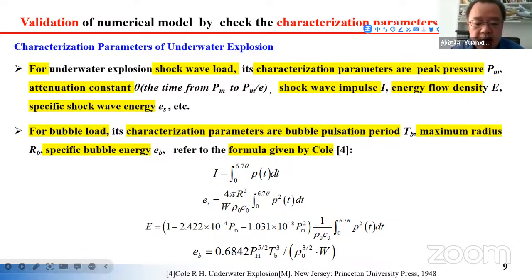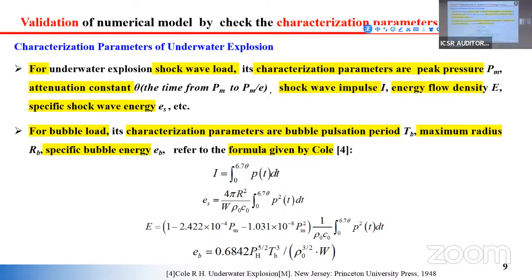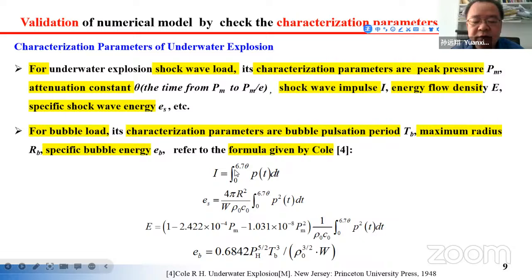Yes, exactly. It is just referring to the formula given by Cole. Okay. Is there any reason for it? Why do we have that number? Is there any specific reason why they go with 6.7? Why not 5 theta?